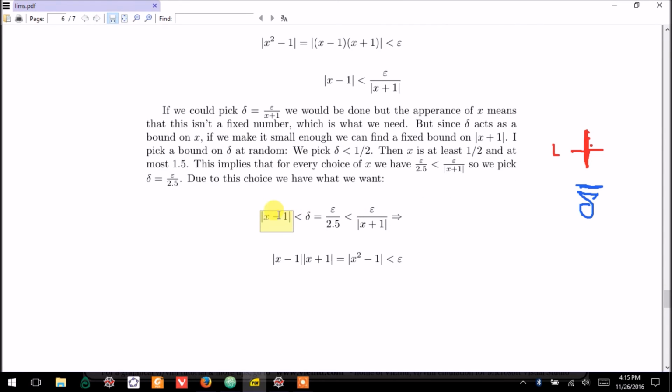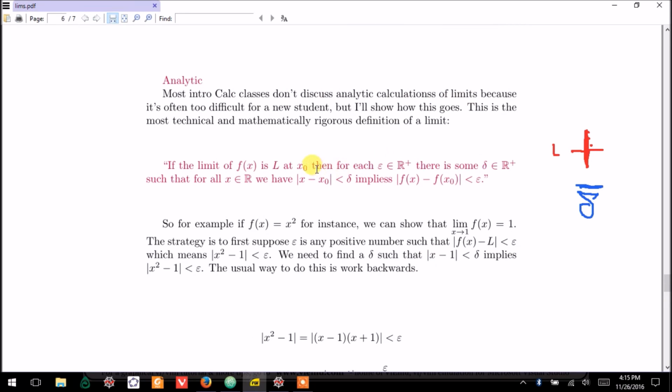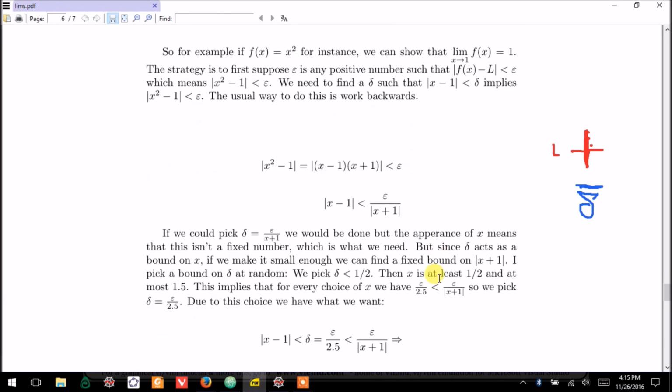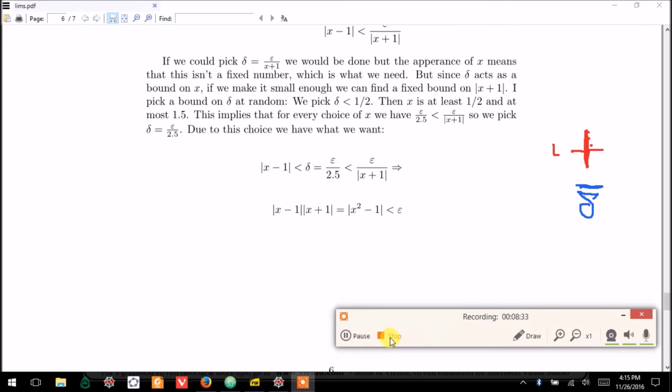So by making this choice, I get that absolute x minus 1 is less than this, and having done so, now that I have made this choice of delta, which is this specific real number, I get this inequality, and I can backtrack it to exactly the thing that I wanted to have. This establishes that the condition for L being the limit is satisfied. Therefore, L is the limit. So there's my example, and in the next video, we'll start doing some exercises.